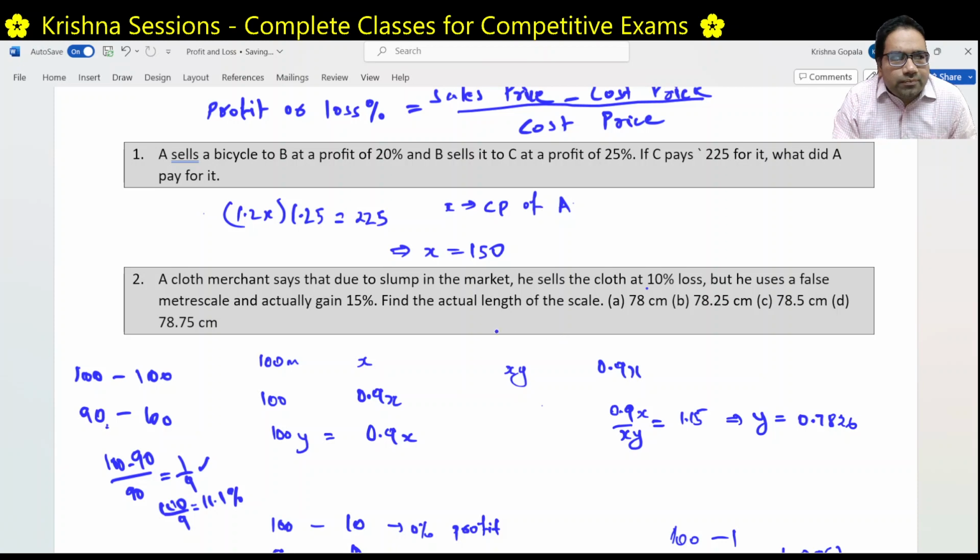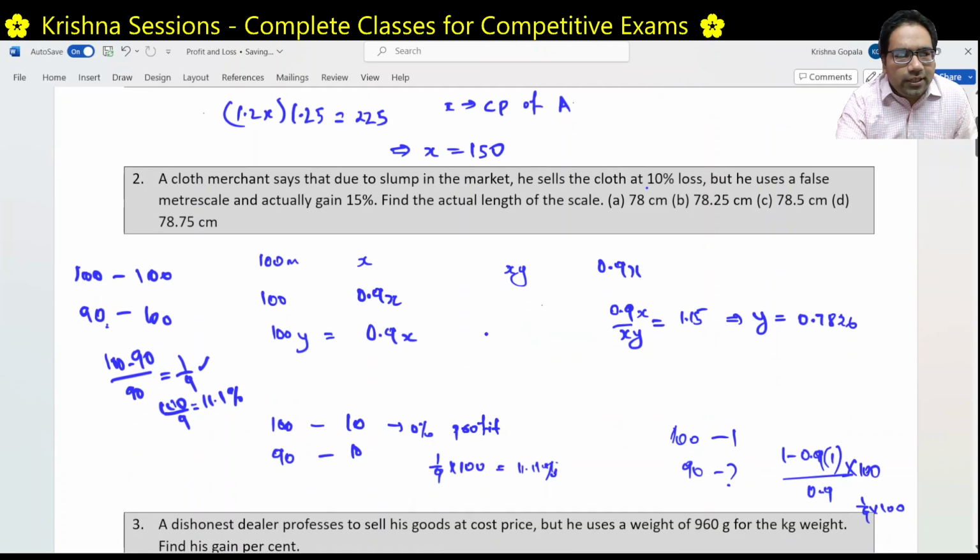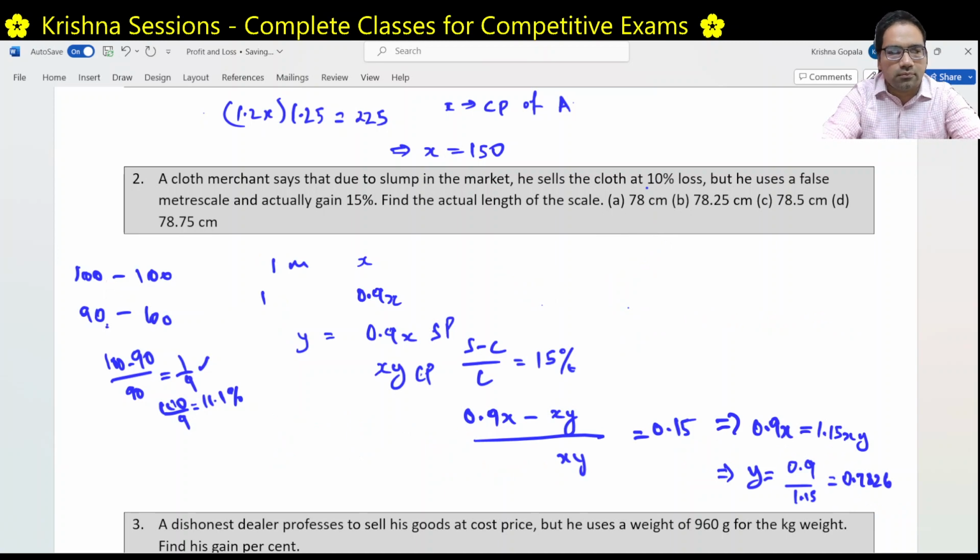Now here, if you closely observe, what we'll do, let us assume the cost price of 1 meter of this cloth is X. Okay, 1 meter of this cloth costs X rupees.